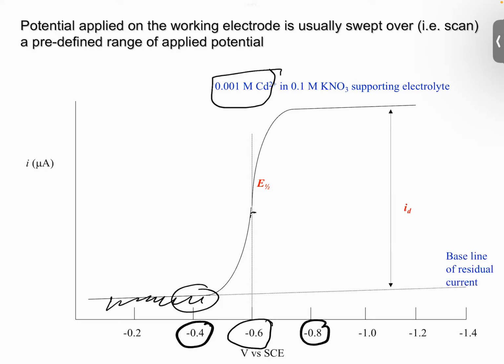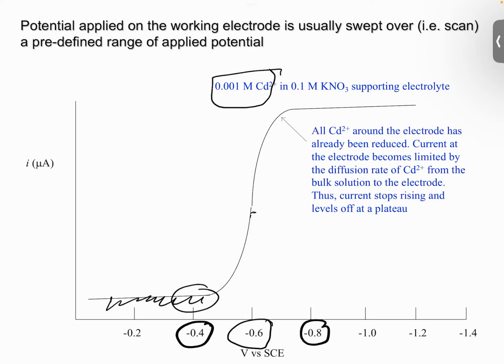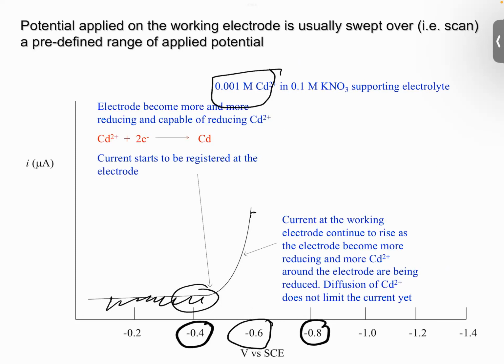It's difficult using this. Okay, let me go back just now. So at the beginning, currents start to be registered here. This one is residual, meaning whatever is in the beaker.